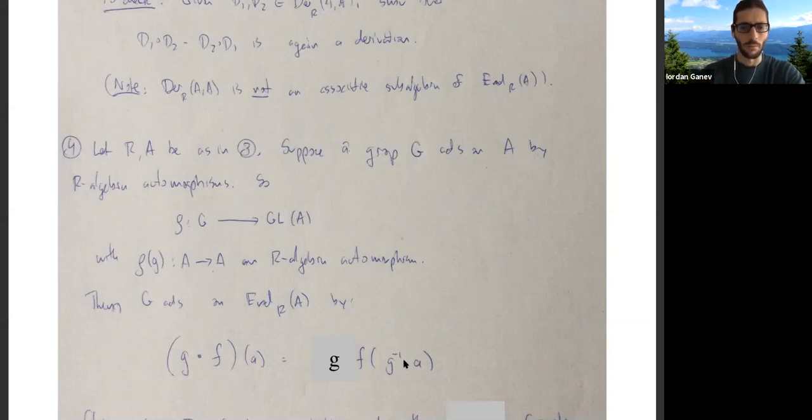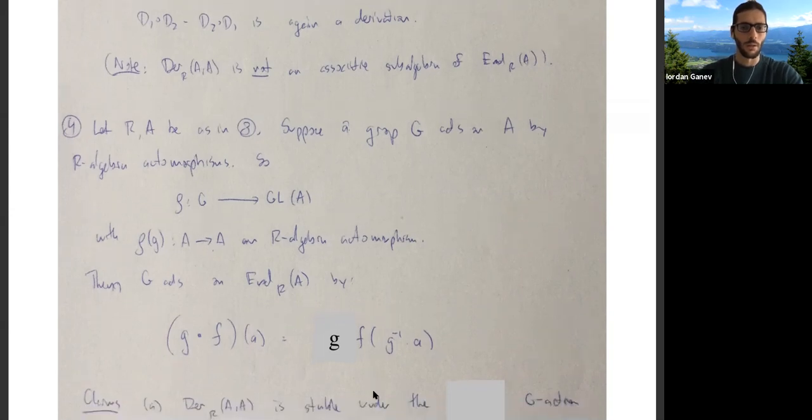I'm being a bit sloppy with notation here, but it's rho of G inverse. That's an algebra automorphism of A. And then we apply F. F is just any linear map from A to A. And then we apply rho of G. Again, this G just denotes rho of G. We apply that to the output.